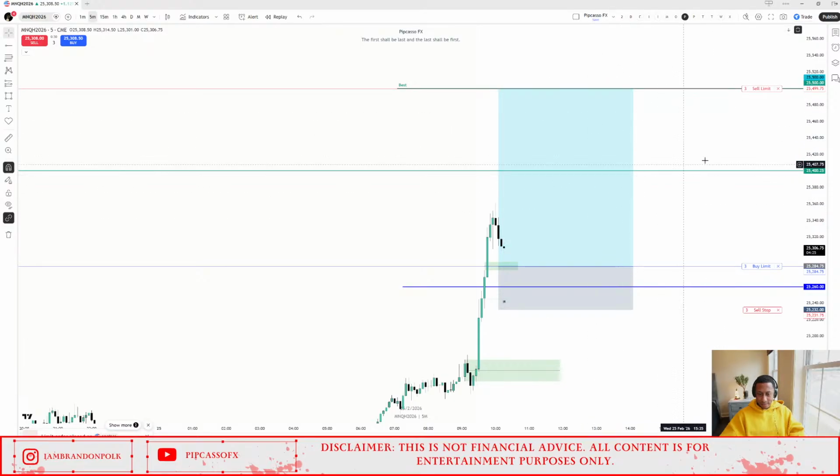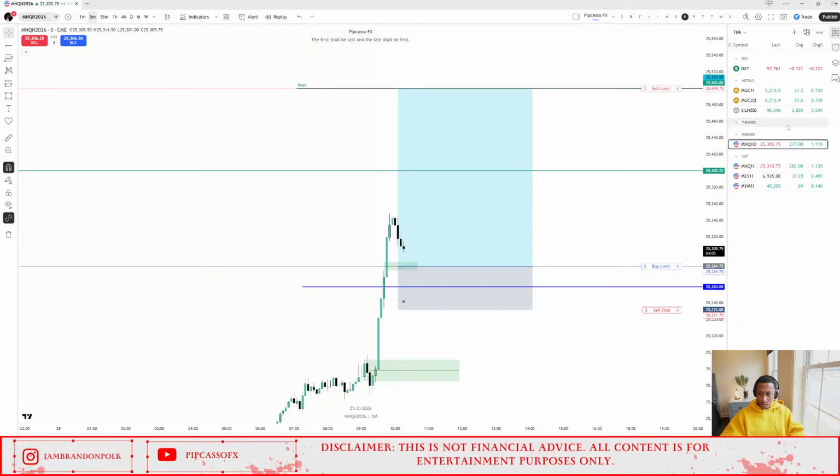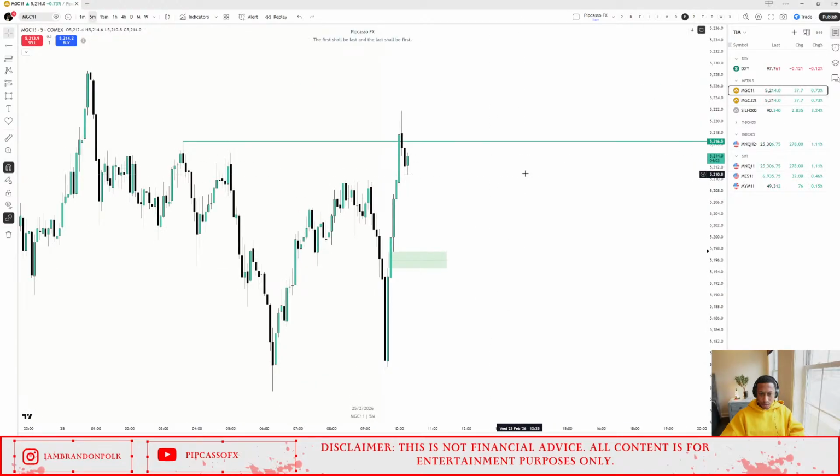So getting that would be what I would potentially be looking for. It's so upsetting you can't trade gold. I don't know why you can't trade gold. I think that's a very, very nice trade. Wouldn't have entered us in any.